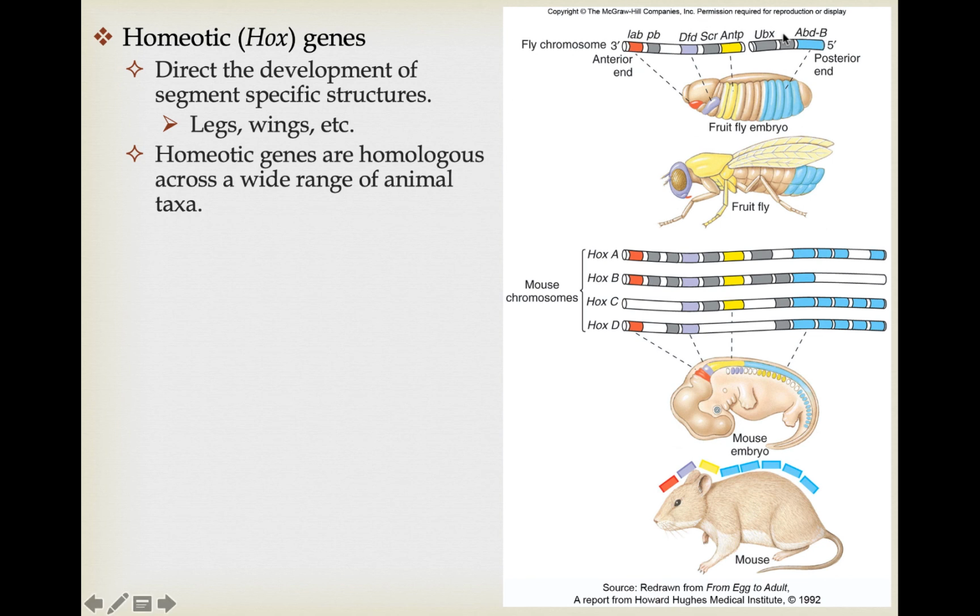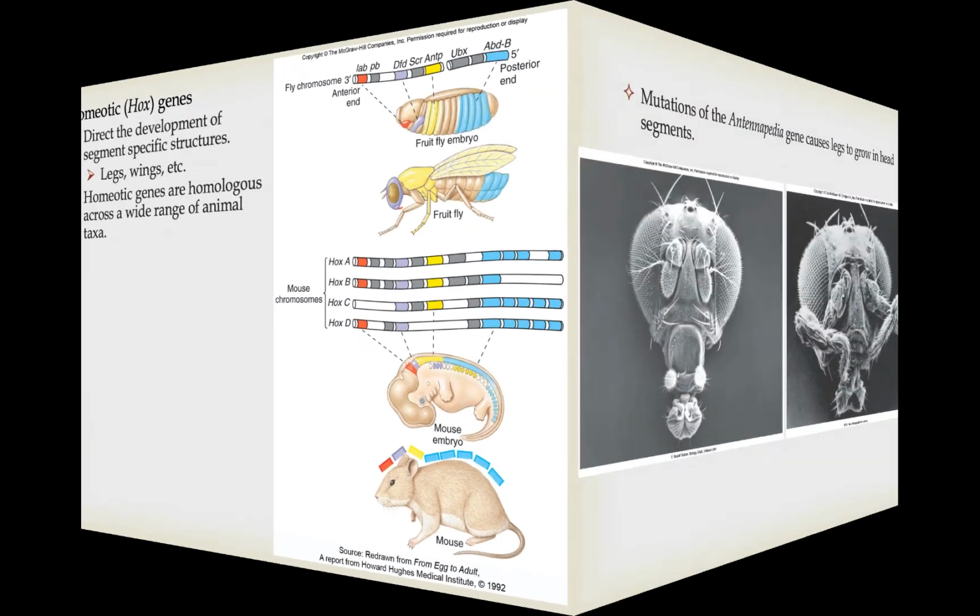So where we have just one set of these in a fly, we have 4 times as many of those in vertebrates. And this has allowed evolution to play with multiple changes in these Hox genes to create a variety of structures in the different segments in a vertebrate.